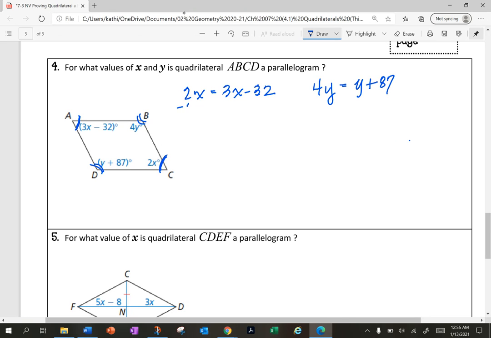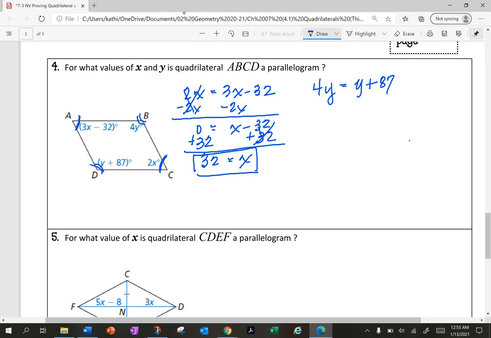I subtract 2x from both sides, so I get 0 equals x minus 32. I add 32 to both sides, so 32 equals x. Now let's solve for y.